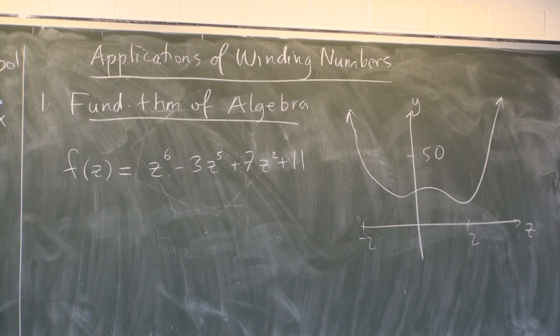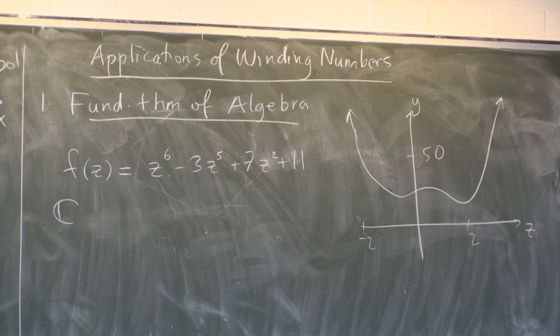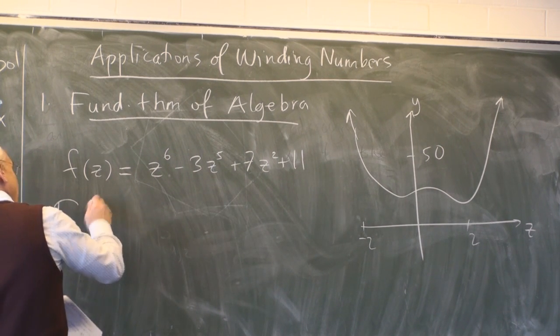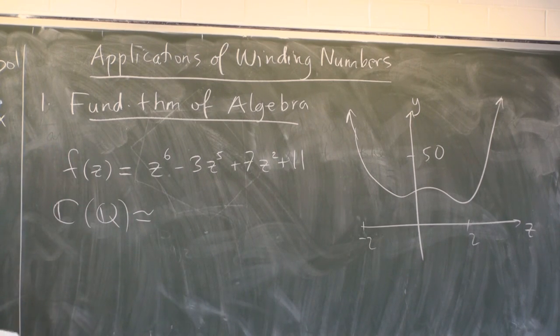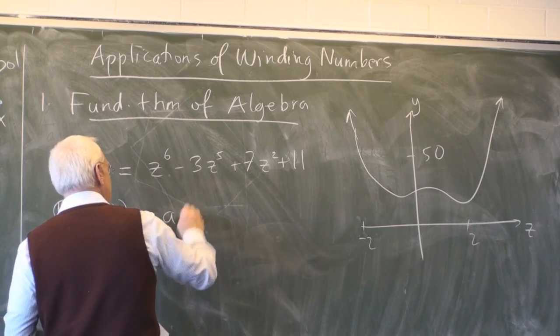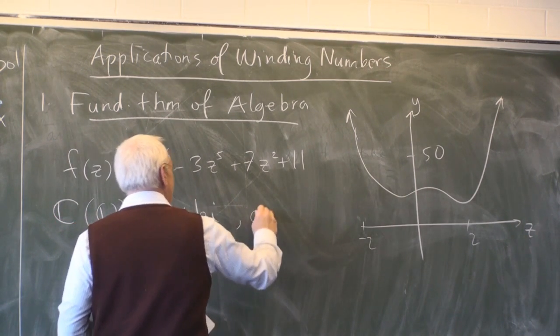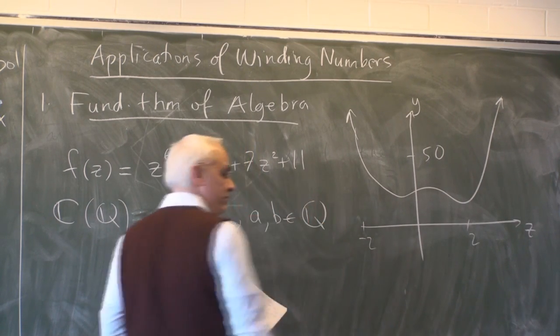But the fundamental theorem says that if we go to the complex numbers, we can find a 0. Okay. So the complex numbers for us are going to be the rational complex numbers. So this is what I mean, things of the form a plus bi, where a and b are rational numbers.